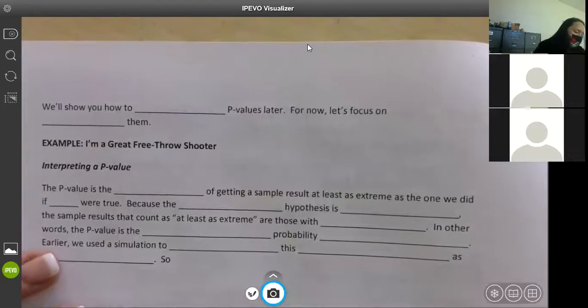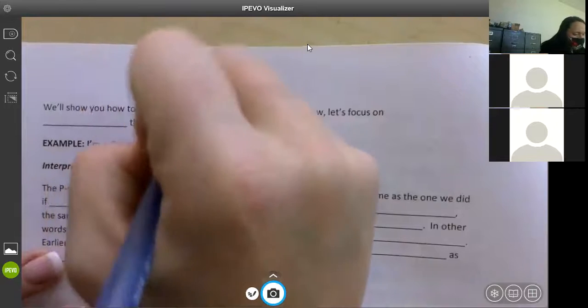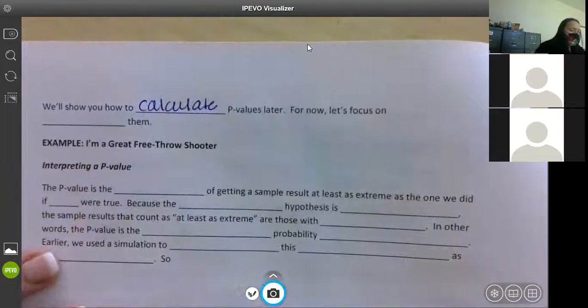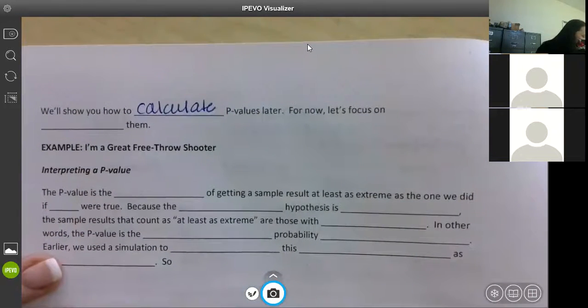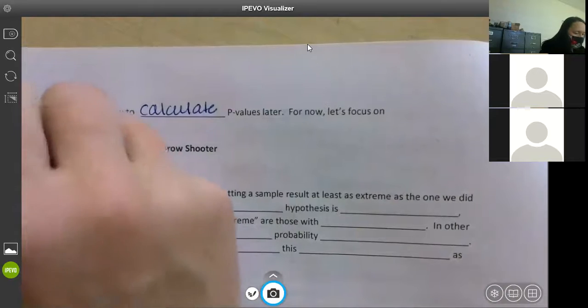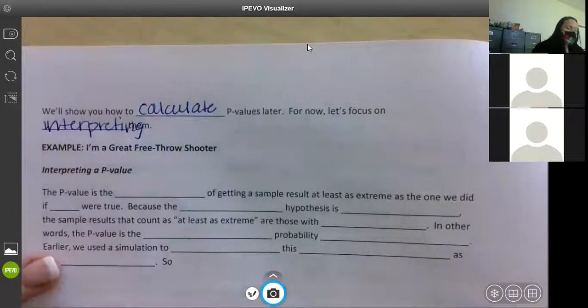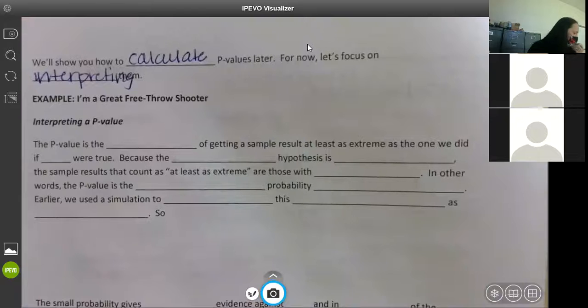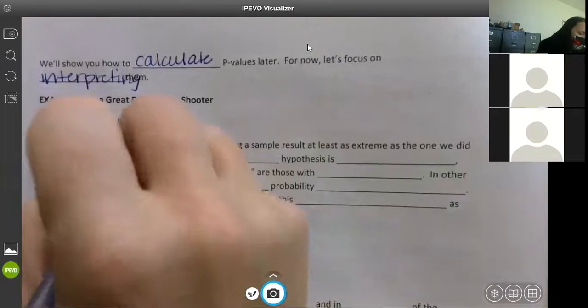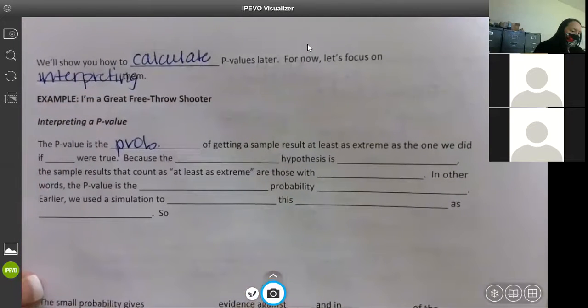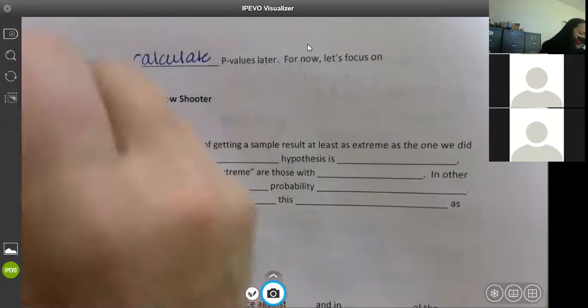So we'll show you how to calculate p-values later, but from now on, let's focus on interpreting them. The p-value is the probability of getting a sample result at least as extreme as the one we did if H sub 0 were true.